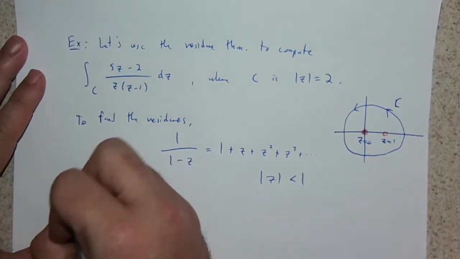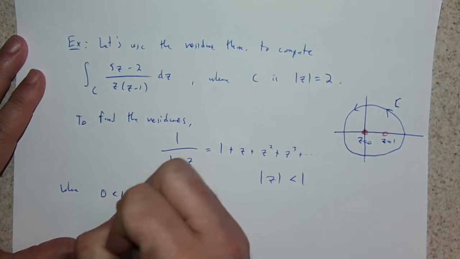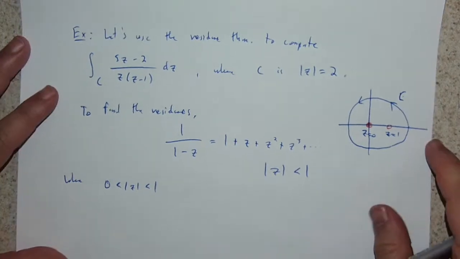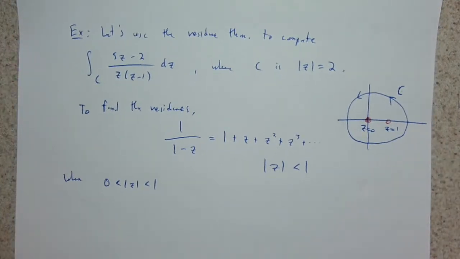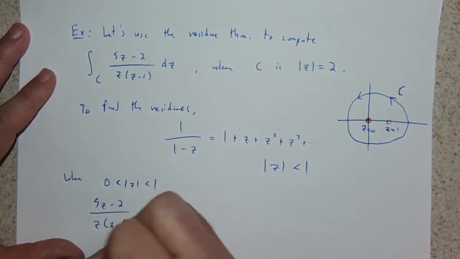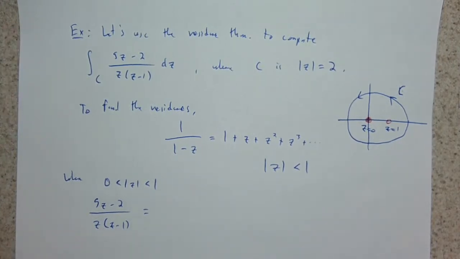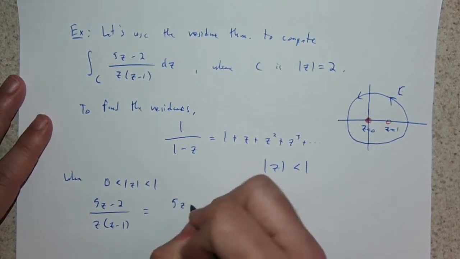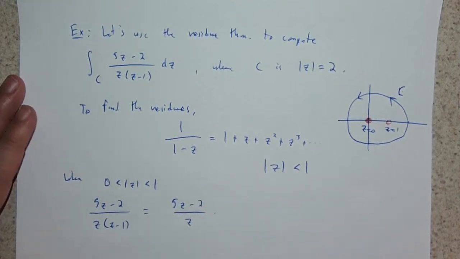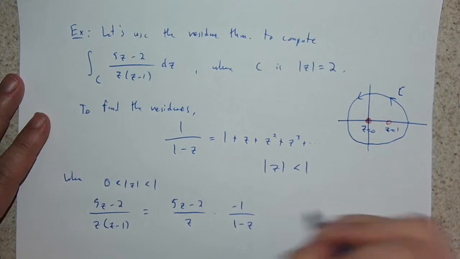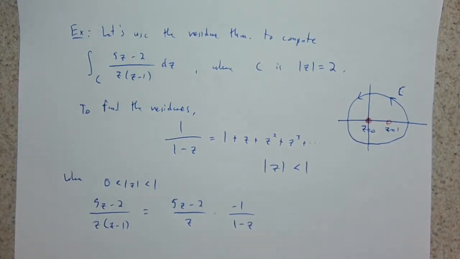Thus, when we consider points on the punctured unit disk centered at the origin, if I look at 5z minus 2 over z times z minus 1, how can I use this to obtain what it is I want? Well, I think of this, of course, as 5z minus 2 over z times minus 1 times 1 minus z, which allows me to use that characterization, that Maclaurin series.